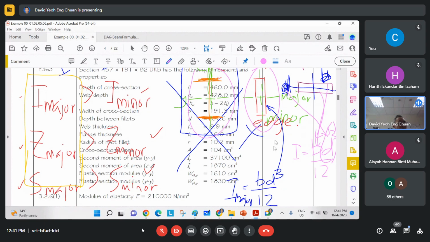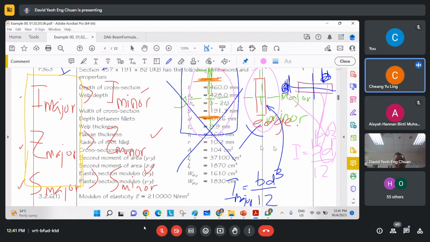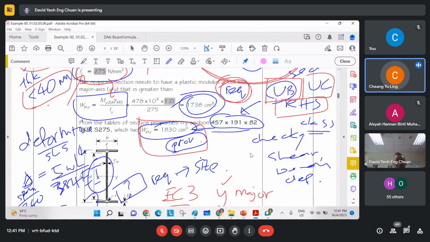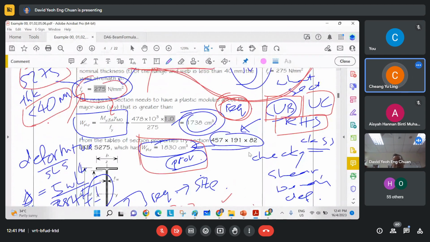No question. Okay, then yes, Yuling. So for the section modulus required, we get 1738. So we find the section nearby. It must be larger.